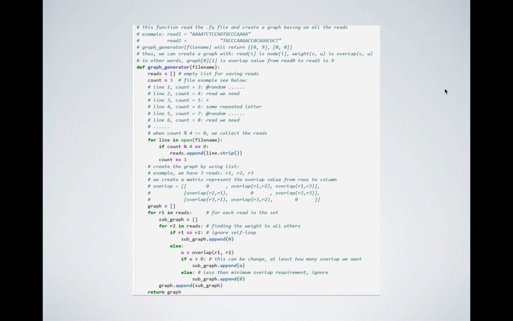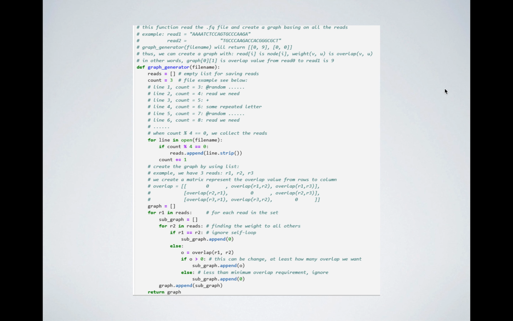The second one is reading the .fq file from the Moodle and creating a graph based on all the reads. We also give 2 examples of 2 reads which have overlapping readings.